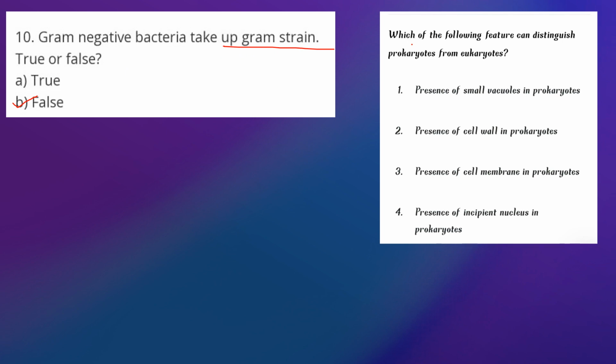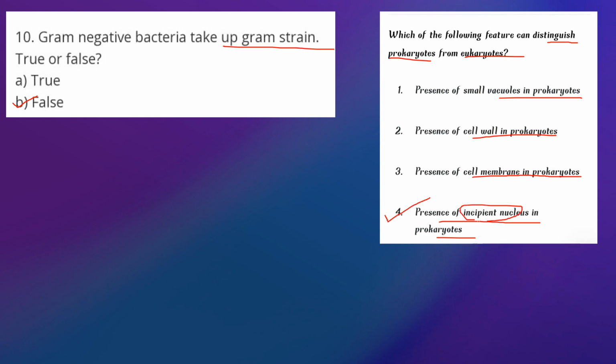Okay. Then which of the following features can distinguish prokaryotes from eukaryotes? Presence of small vacuoles in prokaryotes, presence of cell wall in prokaryotes, presence of cell membrane in prokaryotes, presence of incipient nucleus in prokaryotes. How can we distinguish the prokaryotes from the eukaryotes? By the presence of incipient nucleus.